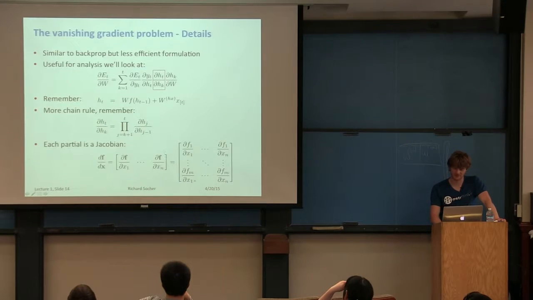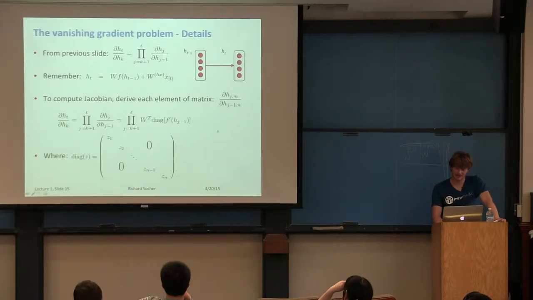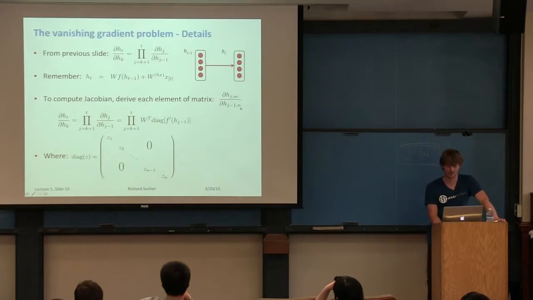So when I define the Jacobian here, it basically boils down to having exactly each of these elements here. For each element of m, you basically take the derivative with respect to all the other elements of j minus 1 of n.